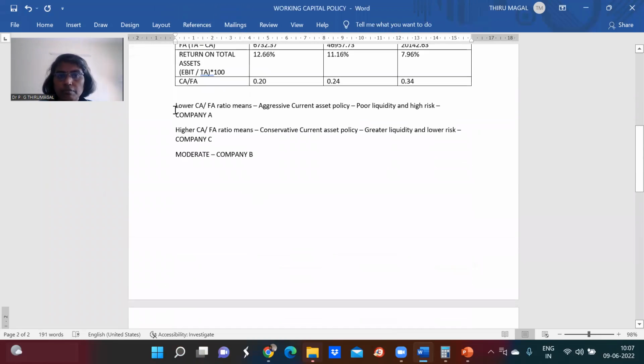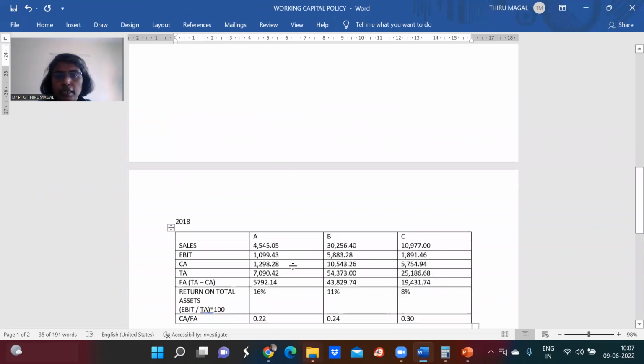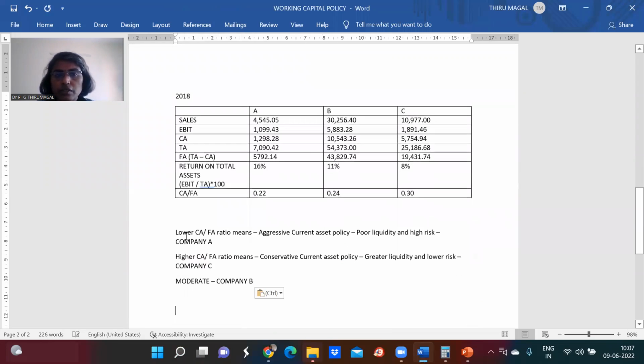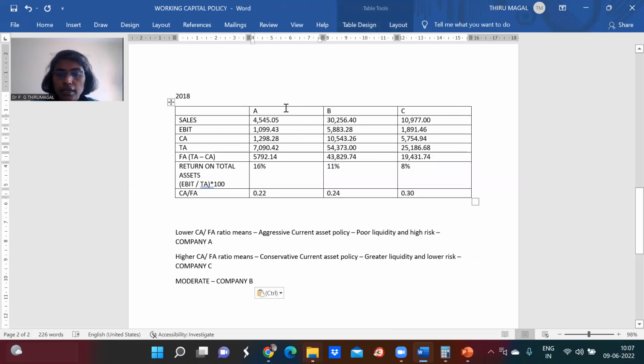So the same interpretation we have to write. A lower current asset to fixed asset ratio means aggressive. Among these three values, the lowest one is 0.2, which means company A is again following an aggressive working capital policy.